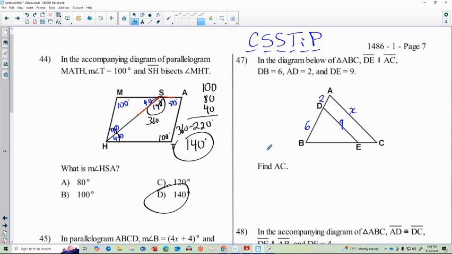The only thing you've got to be careful about here is noticing that 2 is not the side of a triangle, but AB is one. So let's find this long side right here. 6 plus 2 is 8. That means the long side of the triangle there is equal to 8.